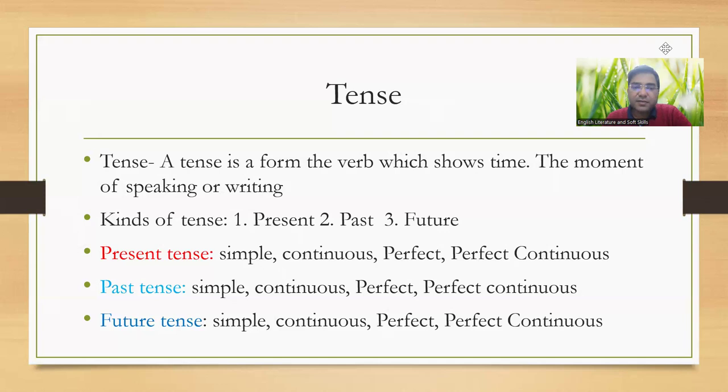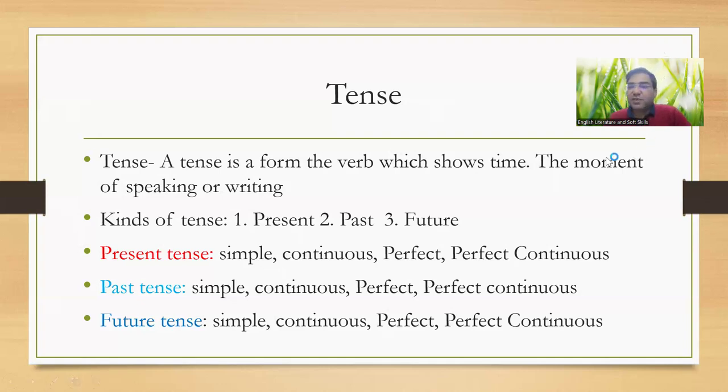Present tense has four kinds: present simple, present continuous, present perfect, and present perfect continuous. Past tense also has the same kinds: past simple, past continuous, past perfect, and past perfect continuous.